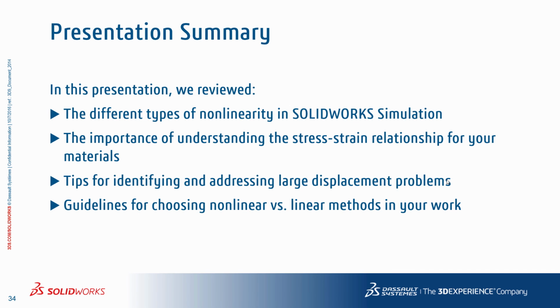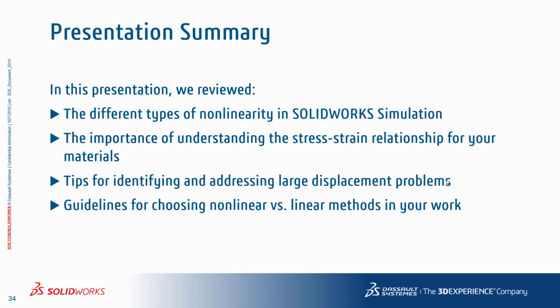This concludes our introduction to the various types of nonlinearity in SOLIDWORKS Simulation. We discussed the primary types of nonlinearities in structural analysis and how they may be accessed in various packages. We spent a good deal of time reviewing some examples of stress shifting, since this is the most common and difficult nonlinearity to predict.